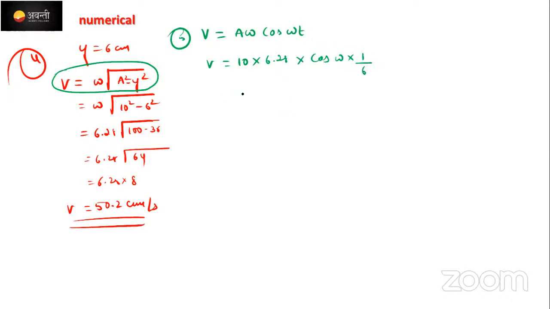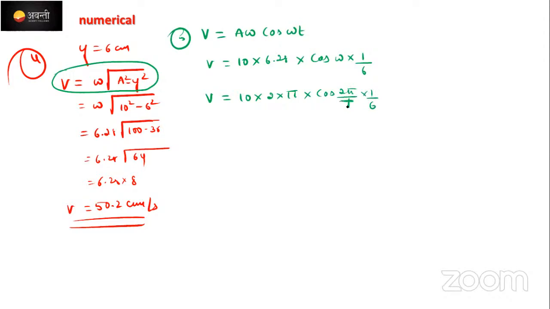Clear, right? Next, v is equal to 10 into 6.28, which again we can write as 2 into pi for our simplification, into cos of omega, which means 2 pi by T, into 1 by 6.